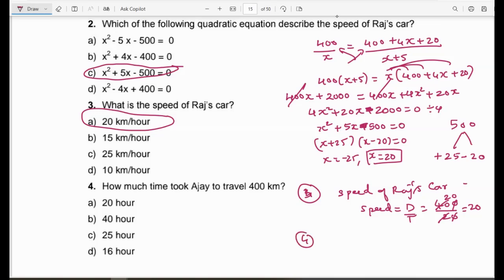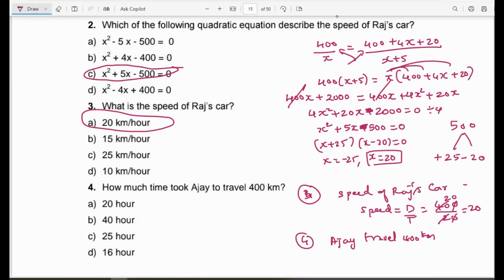Then the fourth one is Ajay traveling 400 kilometers. We have to calculate the time. What is the time traveled? Time equals distance by speed. Here distance is 400, then speed is x plus 5, where x is 20, that is 20 plus 5.